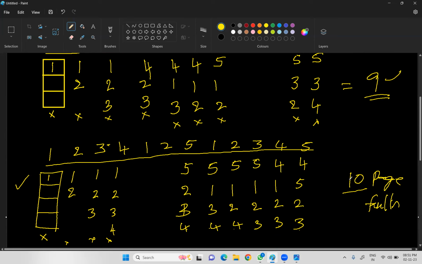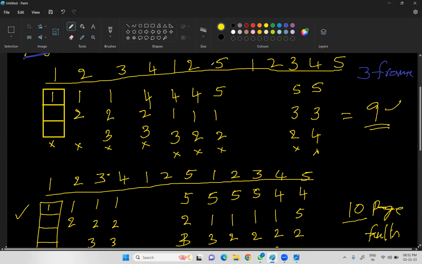So this problem is called Belady's anomaly. Hope that it is understood by you. If you have any questions, let me answer them. Any questions? No, sir. Okay.